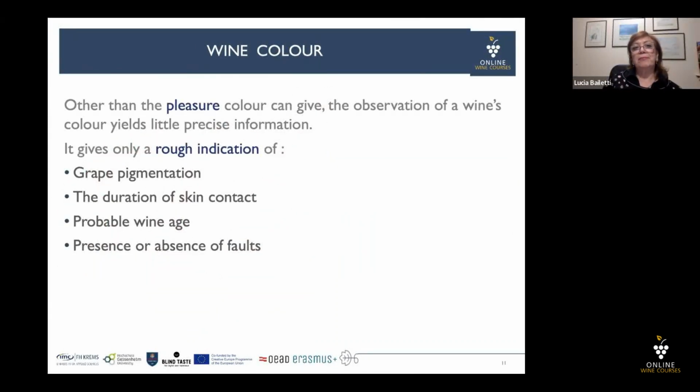Other than pleasure, the observation of wine's color can give us information about the process: the grape pigmentation, the duration of skin contact, probably wine age, presence or absence of faults.